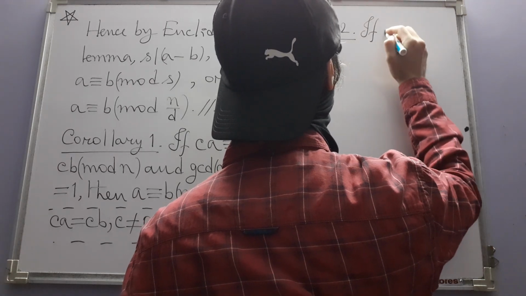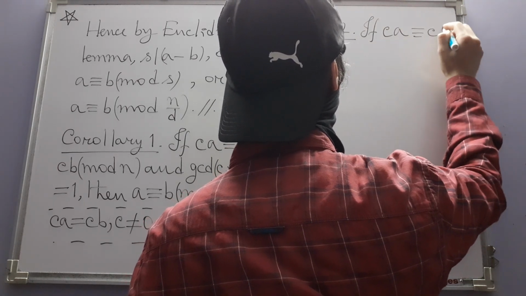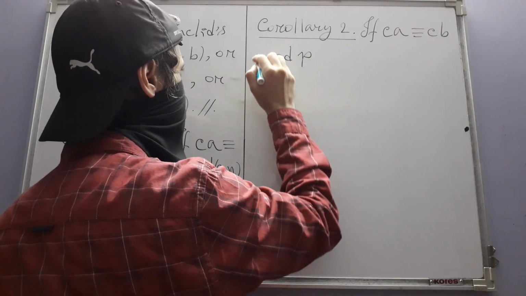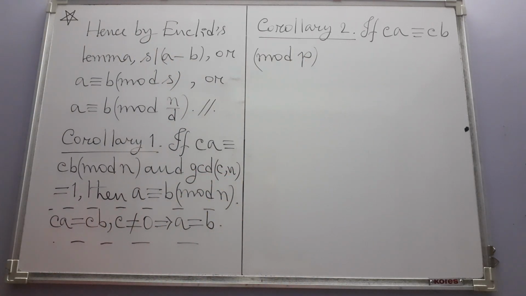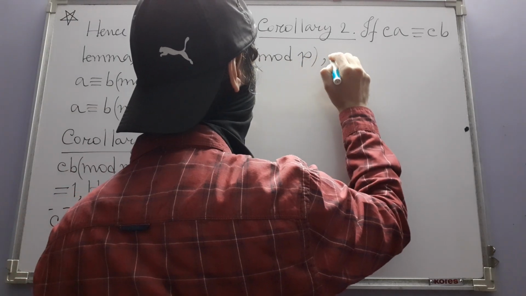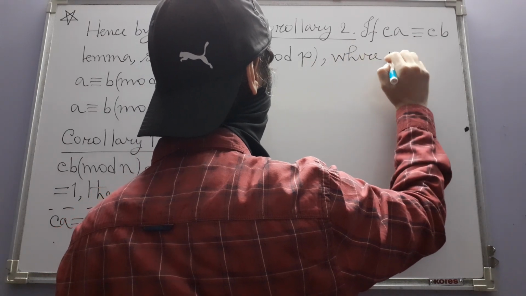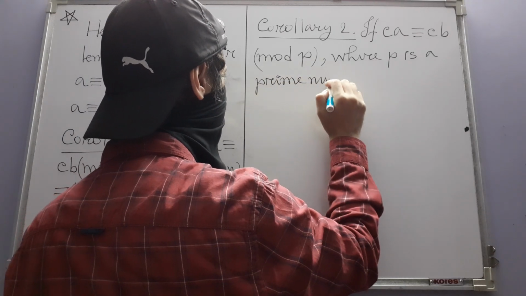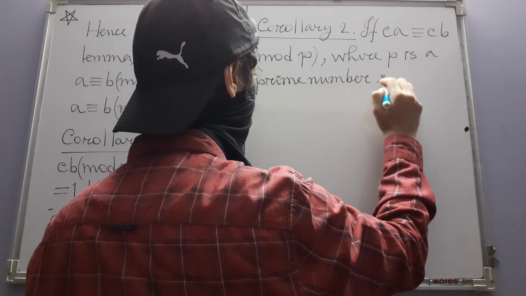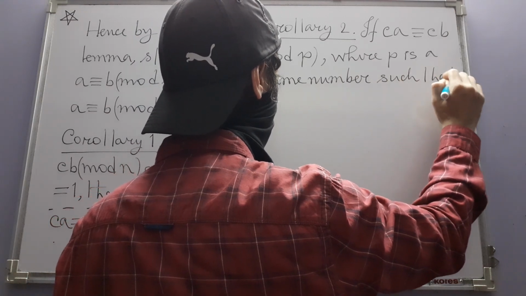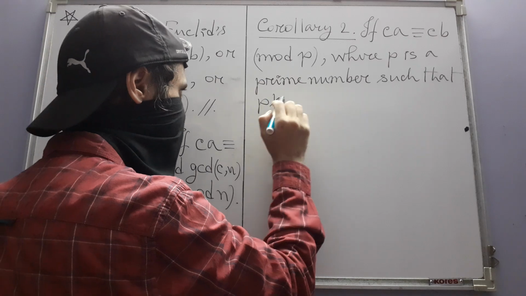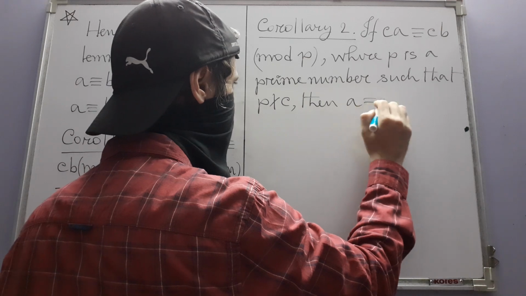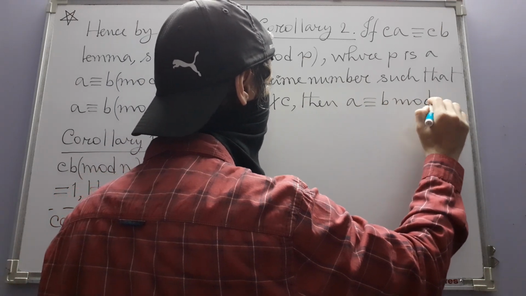If CA is congruent to CB mod P, this time the modulus is a prime number, where P is a prime number such that P does not divide C, then A is congruent to B mod P.